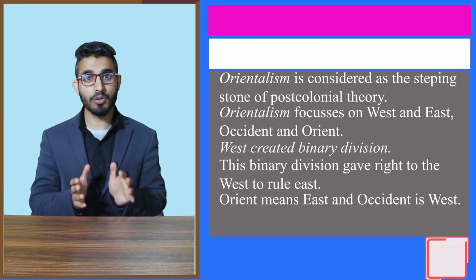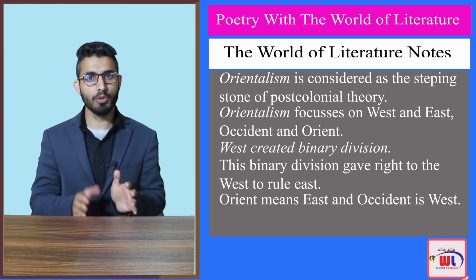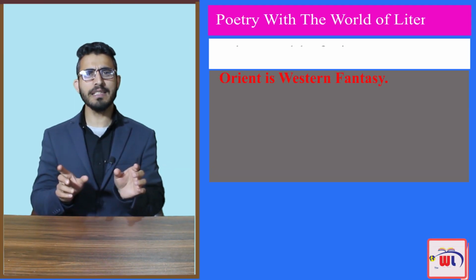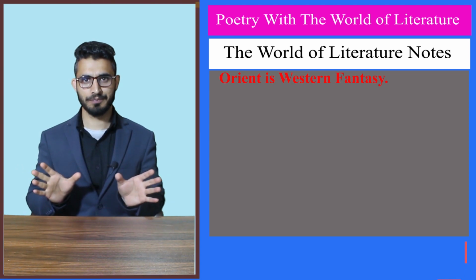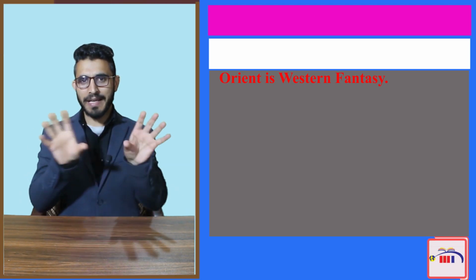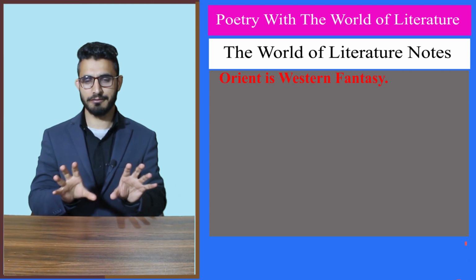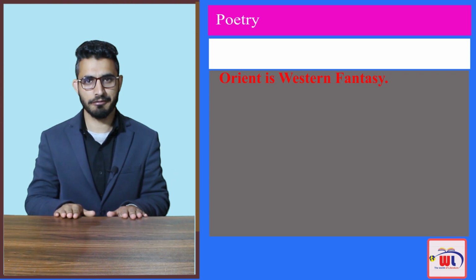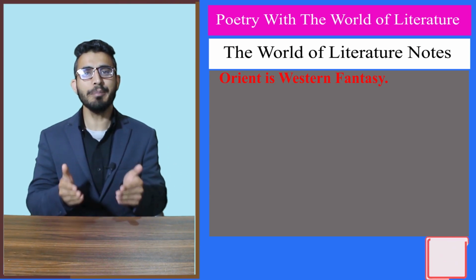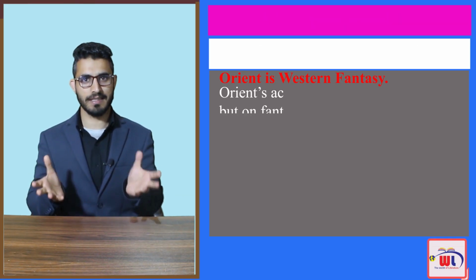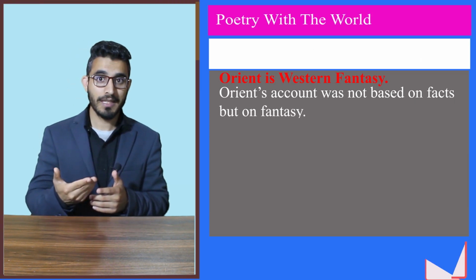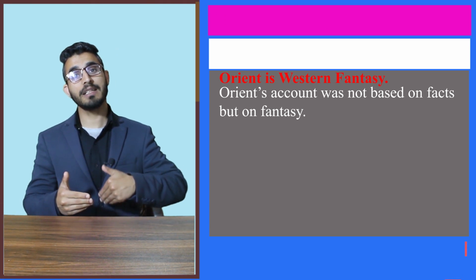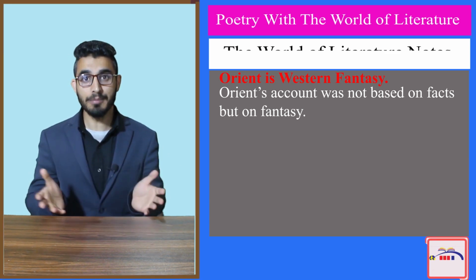The other aspect he talks about in his book is that the Orient is a Western fantasy. When this binary division was created by the West about the East, it was not based on facts. It was highly based on fantasy. They thought that the people in the East were cannibals, that they would be like Calibans.